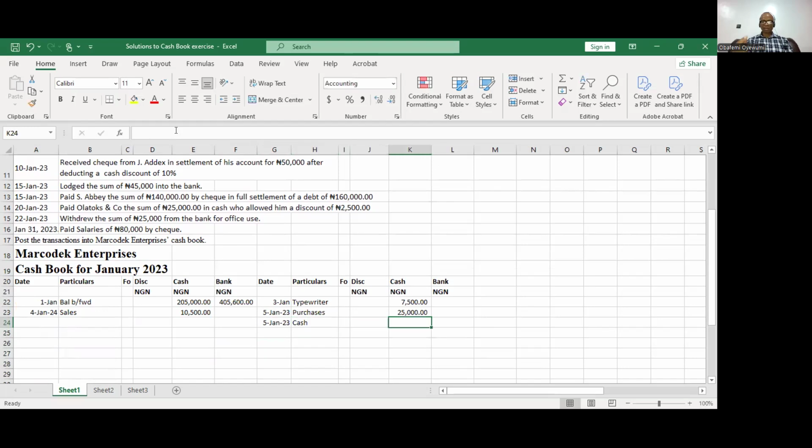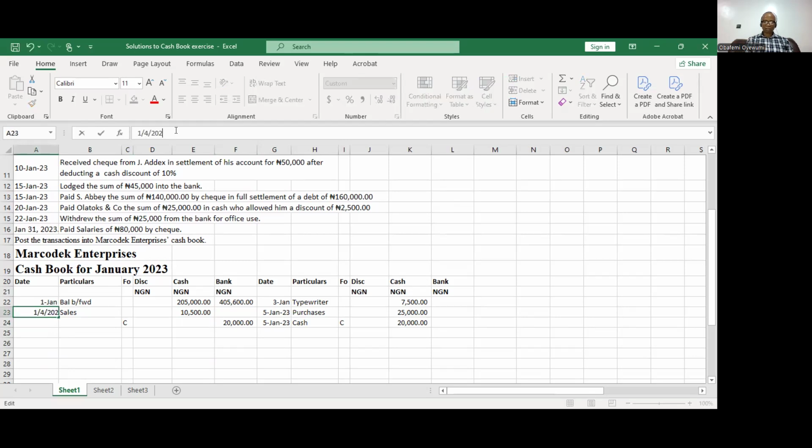So you're going to move money from your cash to your bank. That's a contra entry. So here we recorded a C, and then you come back here and you have a capital C. So they move the money into the bank. So 20,000 will come in here as movement from the cash to bank.